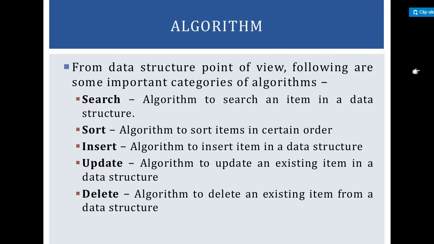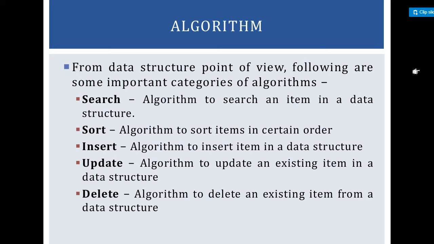So from the data structure point of view, some important categories of algorithms are given below. For example, search: algorithms to search for an item in a data structure. Sort: algorithms to sort items in a certain order, ascending or descending.